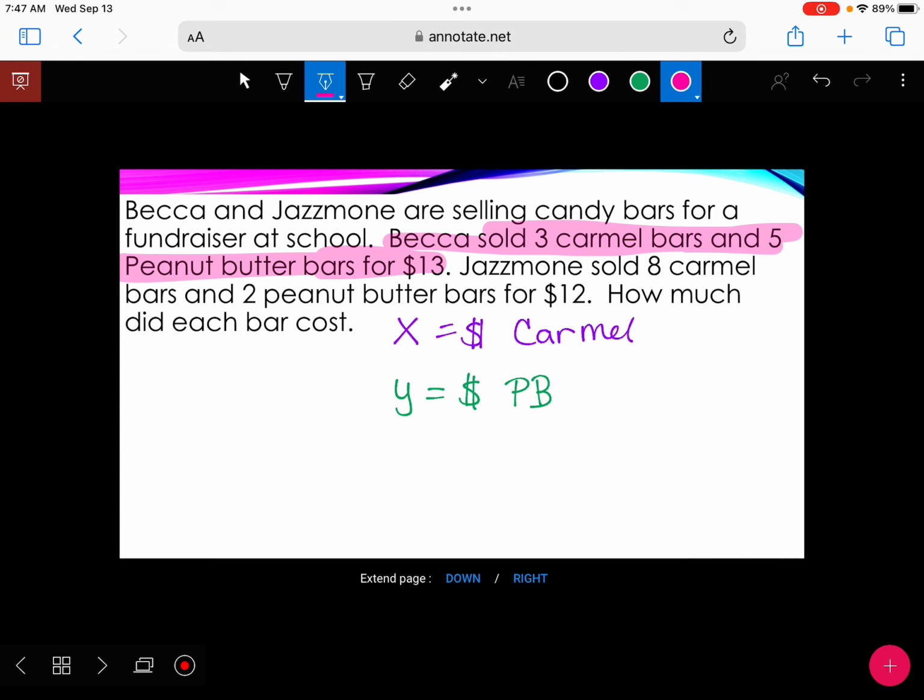She sold 3 caramel bars. So 3 times however much the caramel bars cost. And she sold 5 peanut butter bars for a total of $13.